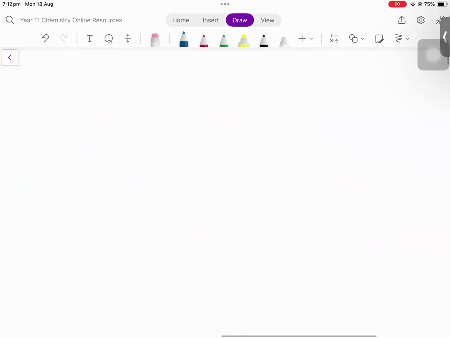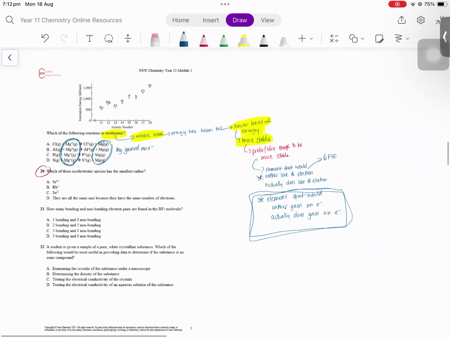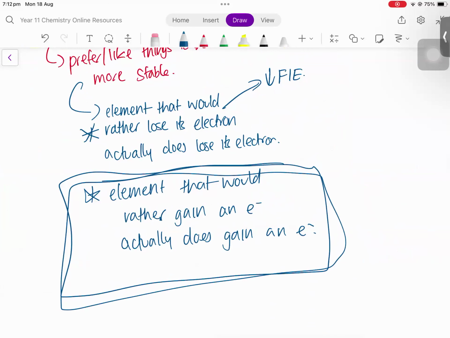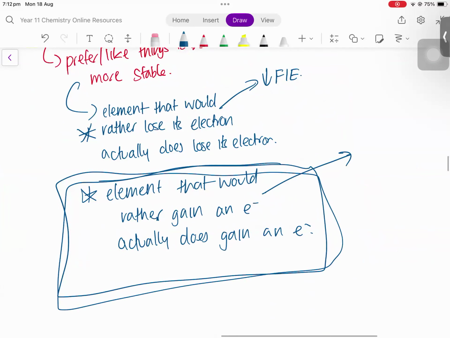You guys told me that the element, if it prefers to lose an electron, it has the lower FIE. If it prefers to gain an electron, it has the higher FIE. In all four cases, magnesium is gaining an electron.